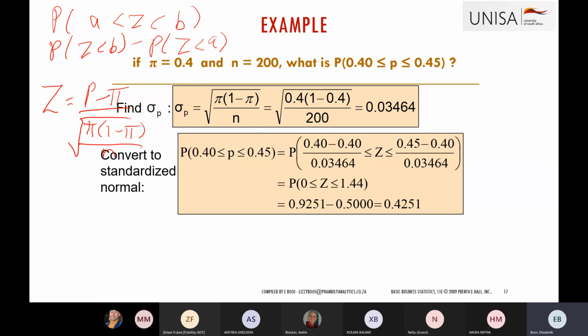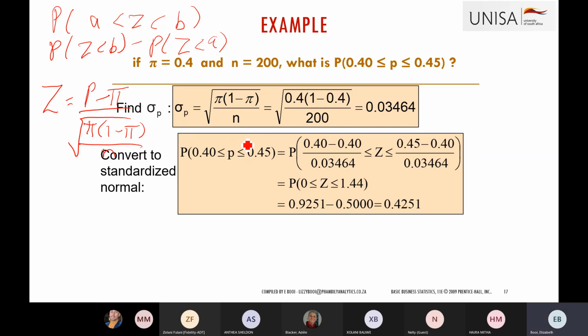My population proportion, pi, is given in the statement, which is 0.4. Divide by my standard error, which I've calculated before. Do the same thing for the next one. For 0.45 as my sample proportion, minus the population proportion, which is 0.4, divide by the standard error that we already calculated.